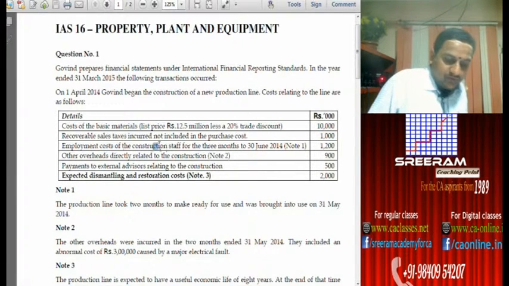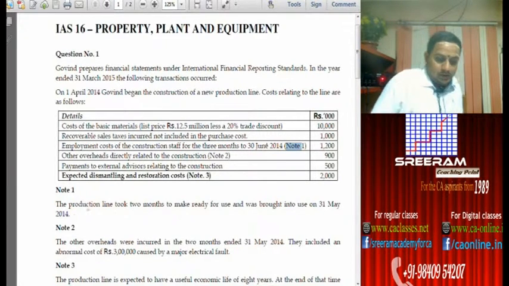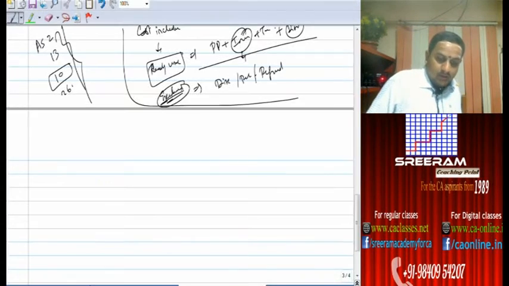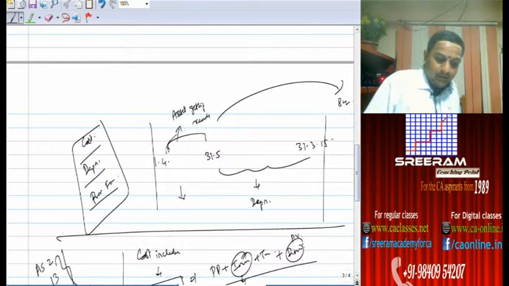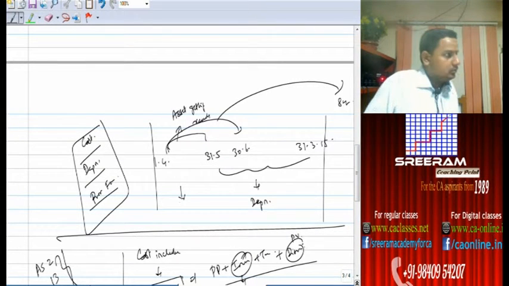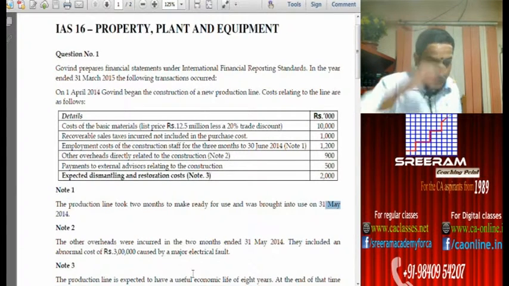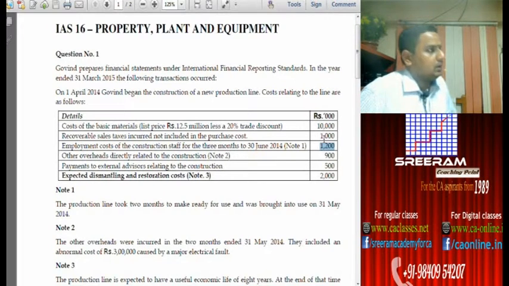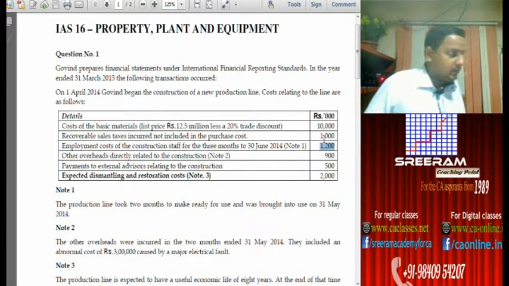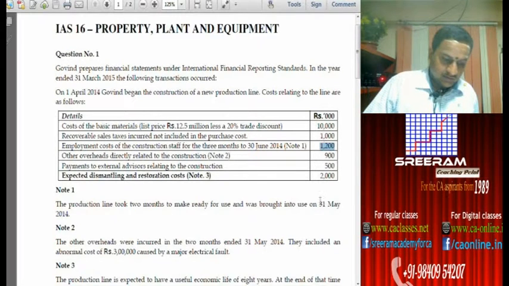Then employment cost of construction for 3 months to 30th June 2014. The production line took 2 months to make it ready for use and was brought into use by 31st May. They have paid up to 30th June, but the asset is ready by 31st May. So out of the 3 months, 2 months relate to construction and will be capitalized. So out of 1200, 2/3, that is 800, will be capitalized.